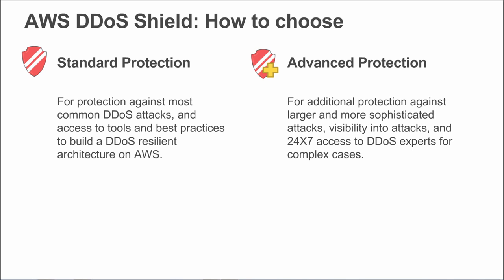This typically happens in banking and financial services, where customers have to provide reports on the types of attacks that they've got and how many attacks they've got. So for that type of customers, you can enable advanced protection, and advanced protection is probably right for you.